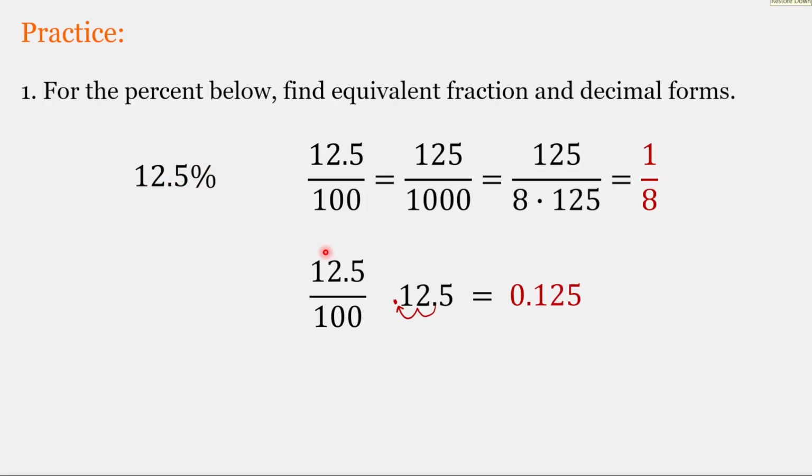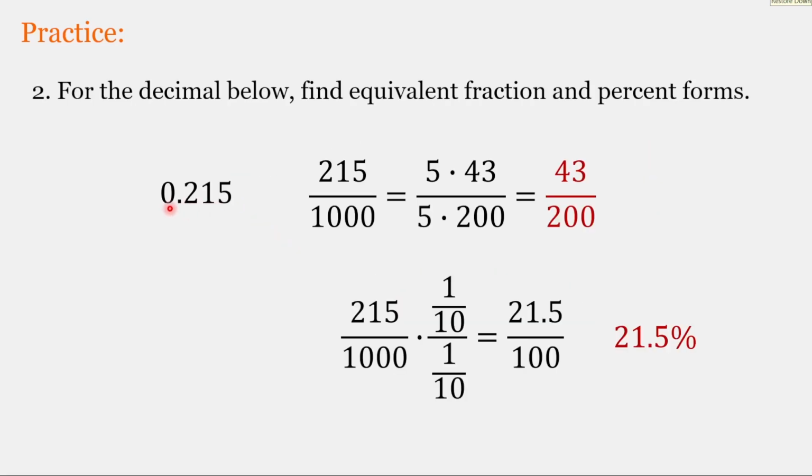And then again, going back to that fraction form where we have 12.5 over 100, to write it in decimal form, we're going to go ahead and divide 12.5 by 100. This moves the decimal place 2 spaces to the left, giving us 0.125, or 125 thousandths. So as I solved this problem, I went from percent to a fraction, and then from this fraction, I went to decimal.